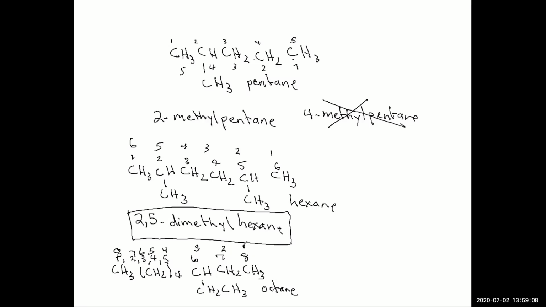If we did the numbering this way, we would get 1, 2, 3, so we get 3-ethyloctane. Now if we numbered it this way, the ethyl group would wind up on number 6, and we have to use the lower number. So that one would be 3-ethyloctane, not 6-ethyloctane.